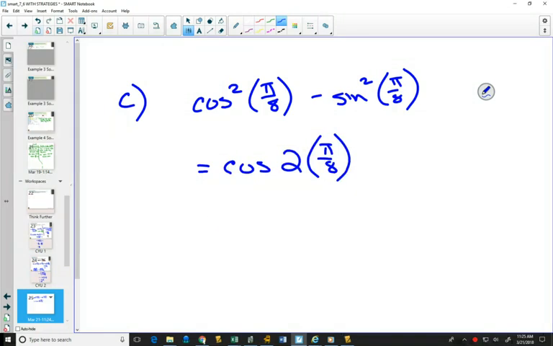And that would reduce to cos of pi over 4, which is root 2 over 2. So these questions are generally worth 2 marks. You get 1 mark for recognizing the identity and substituting the identity correctly, and 1 mark for evaluating it.